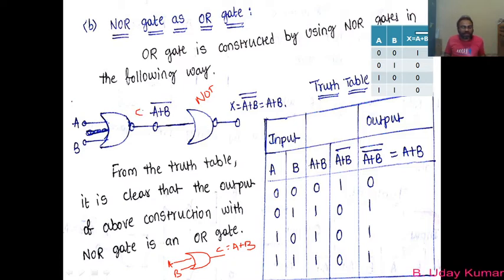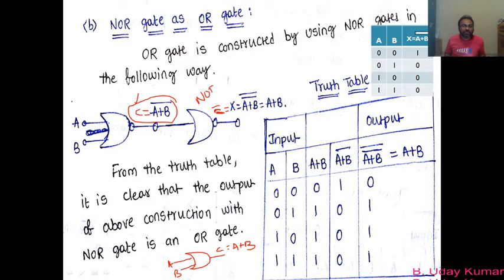For example, if I take this A plus B bar as C, then what happens here? If I take its output as X, since its input is C, I can write this X as C bar. So this is how I write. But in place of C, if I substitute A plus B bar, what do I get? I get X as, in general it is C bar.